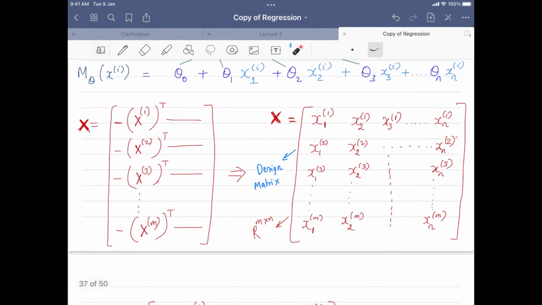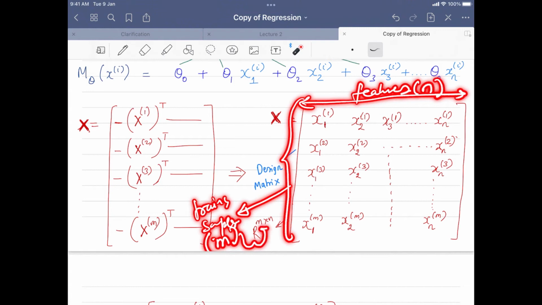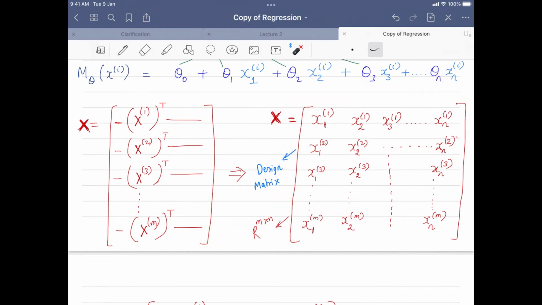What it means is, here are the training samples, and here you have features which are up to n, and these are the training samples which are up to m. That's why the dimension of this matrix is m cross n. So this is the design matrix which we are defining by bold X.